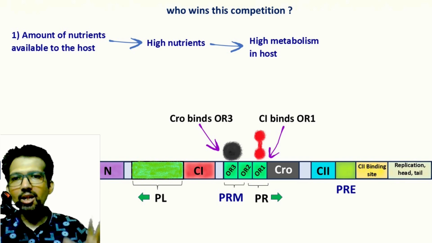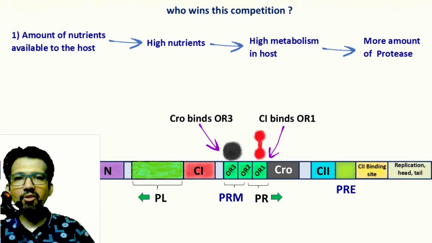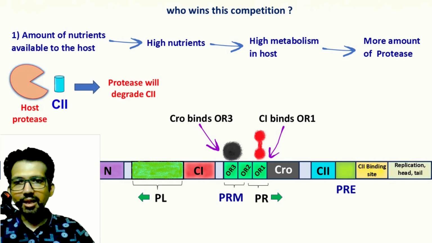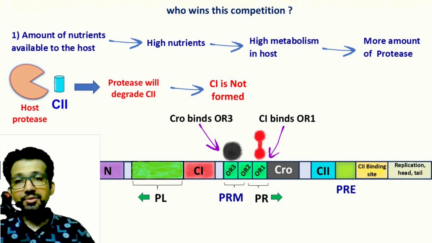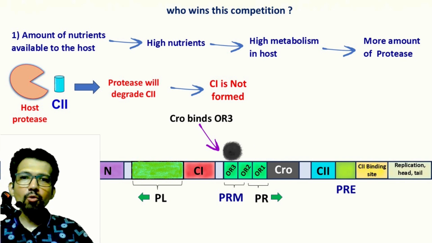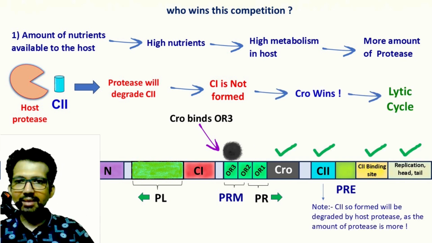As a result, the host will have a large number of proteases to degrade C2. If C2 is degraded, CI is not formed. Now, if CI is not formed, then CRO wins the competition. As the genes for replication, head and tail are activated, the phage undergoes the lytic cycle.